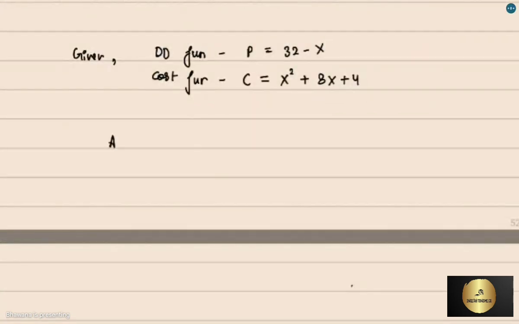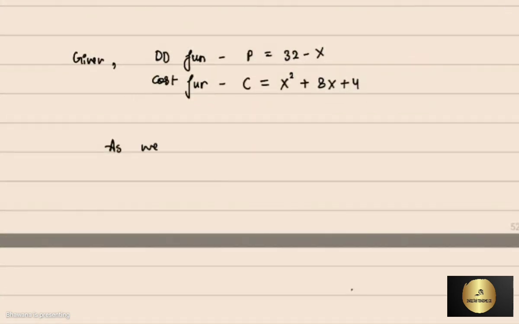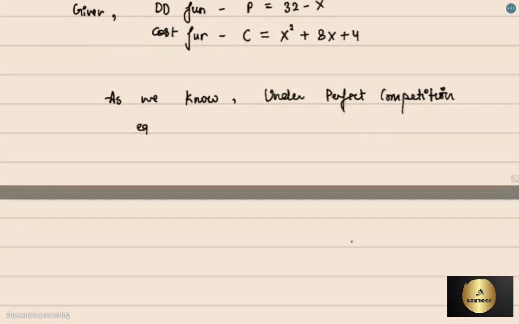So as we know, under perfect competition, equilibrium is reached at a point where price is equal to marginal cost.